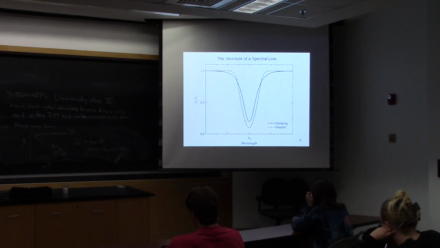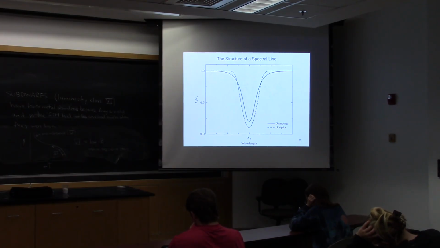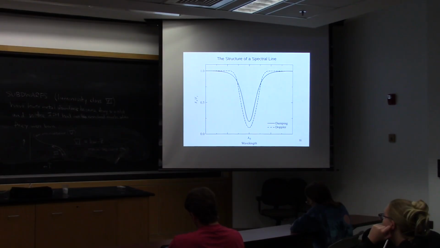The Doppler profile dominates near lambda naught due to its greater width. But because it falls off exponentially, as opposed to the damping profile, the damping profile dominates far from the core.